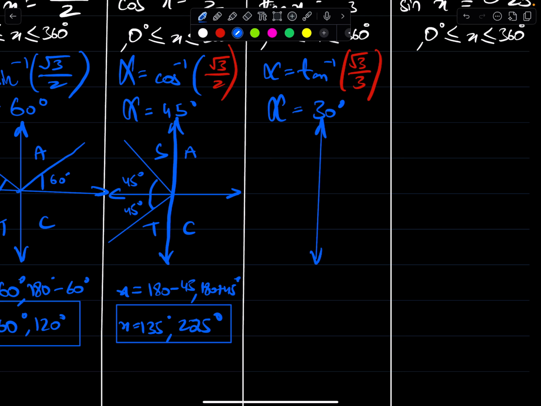We will plot a graph of ASTC. Tan is negative, I repeat, in the second and fourth quadrant. Thus, we have a 30 here and a 30 here. ASTC. Then, start by finding x.